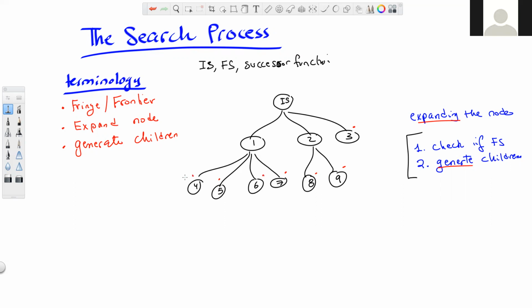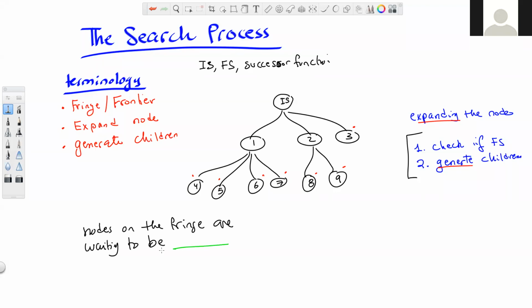Okay, now we're going to use our terminology. Complete the sentence. Nodes on the fringe are waiting to be, and I want you to put in a word here.